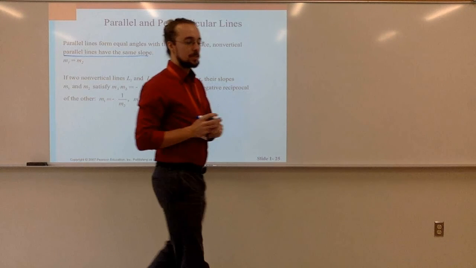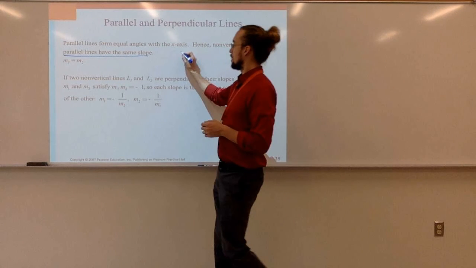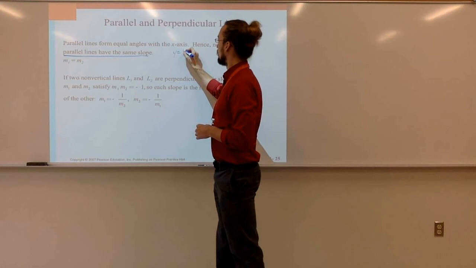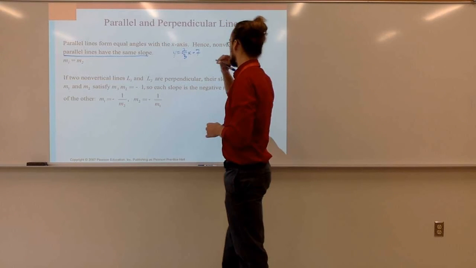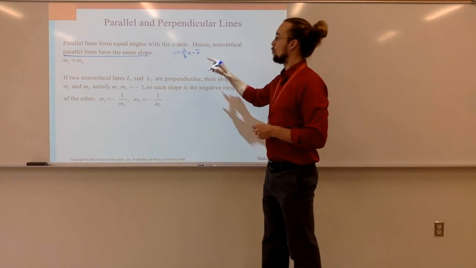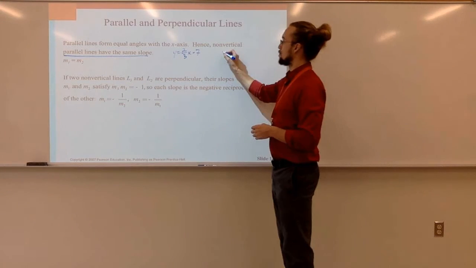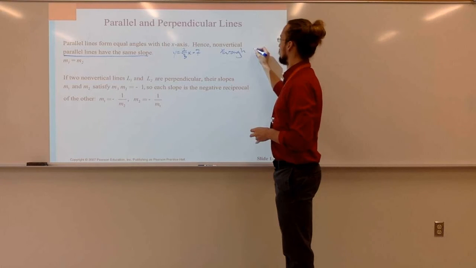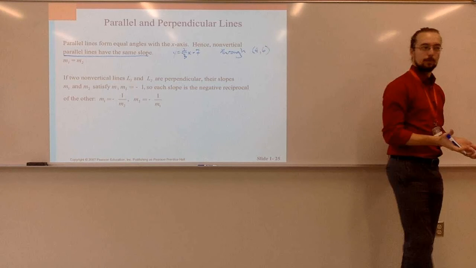So, let's say I gave you this line, y equals 2/3 x minus 7, and said, write the equation of a line parallel to this one that goes through the point, I don't know, 4, 6. How would we do that?